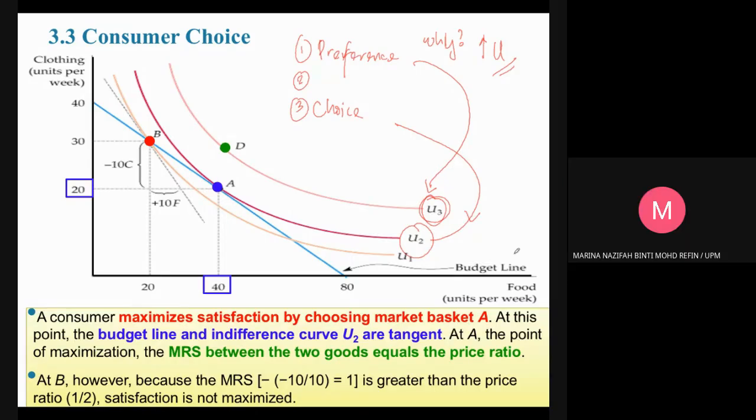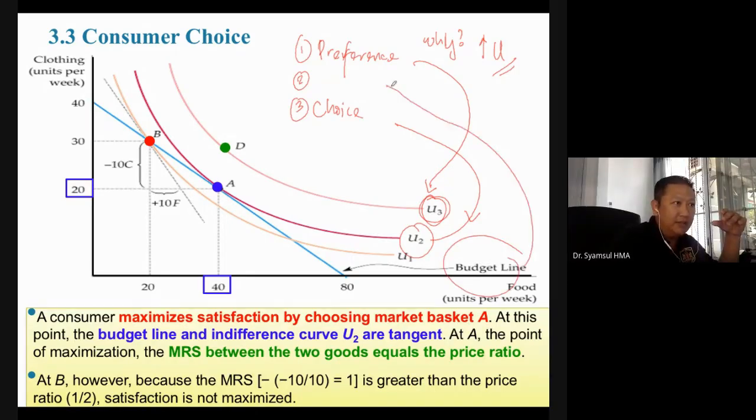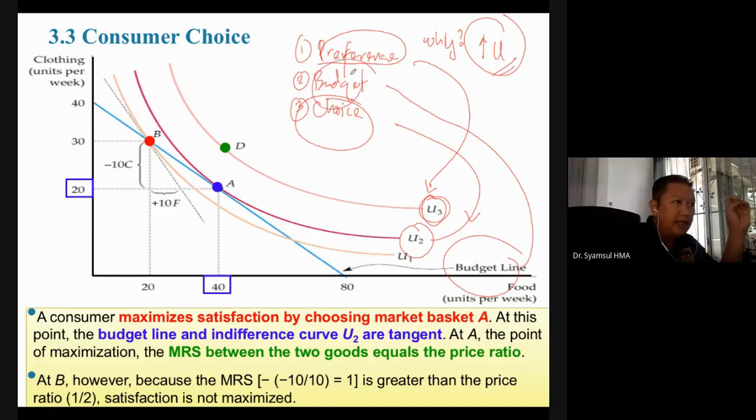Because of the budget constraint, the budget line here. When people make a choice, first they consider their preference, which gives the highest utility, but because of the budget, they then make their choice.